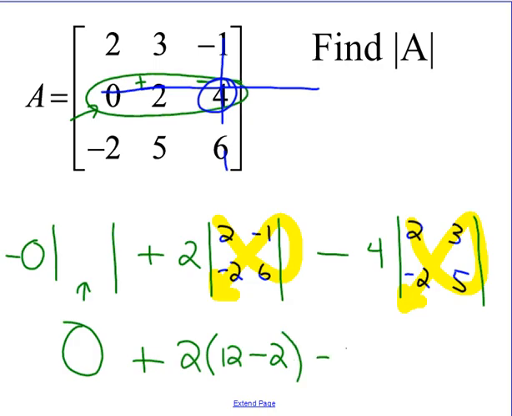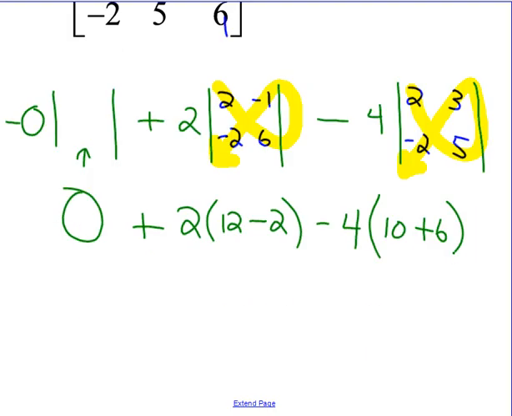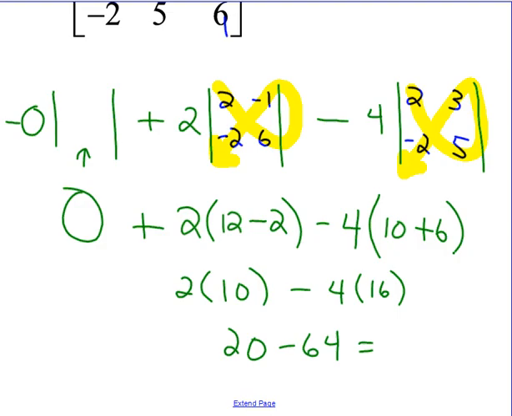And then we're going to subtract 4 times 10 minus negative 6. And if we extend our page, this is 2 times 10, otherwise known as 20. And we're doing 4 times 16, which is 64. And voila, we get the same answer, negative 44.